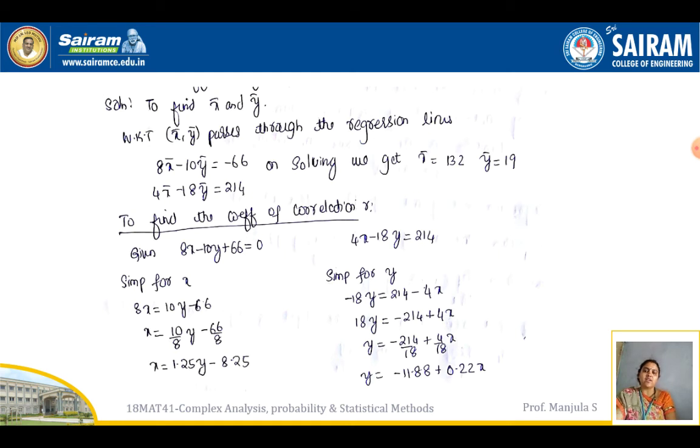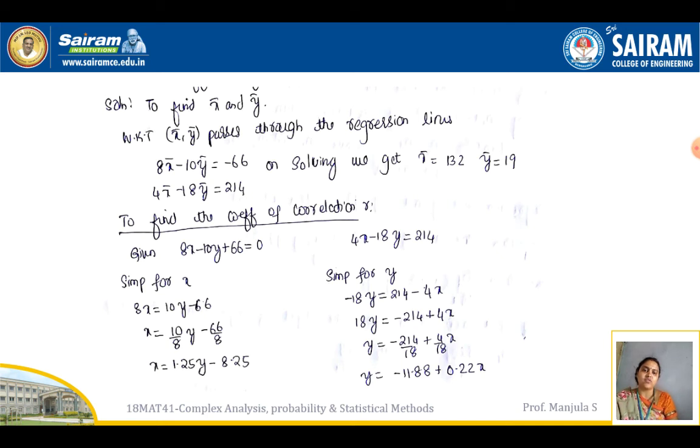The first equation is 8x minus 10y plus 66 equals 0. Solve this equation for x, so it reduces to x equals 1.25y minus 8.25. The other equation is 4x minus 18y equals 214.